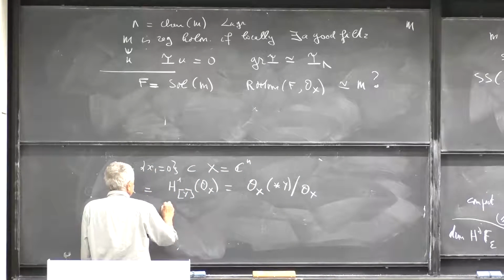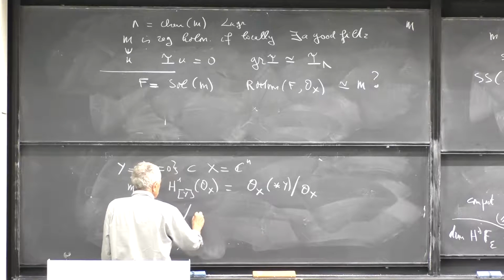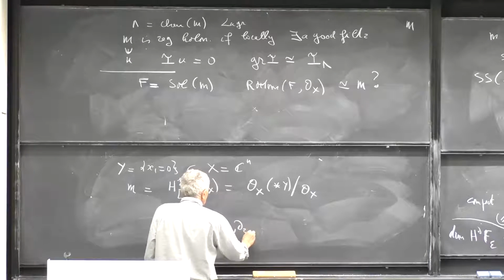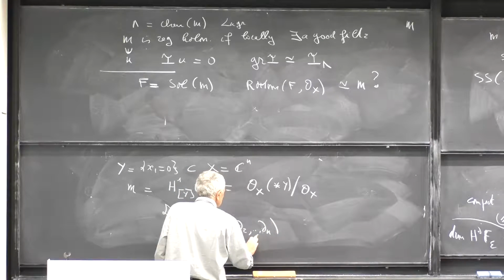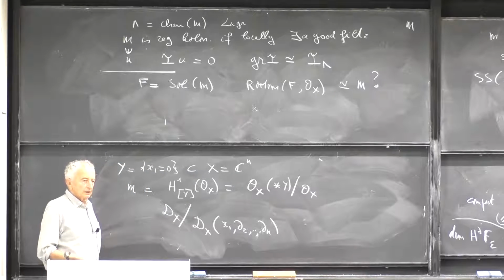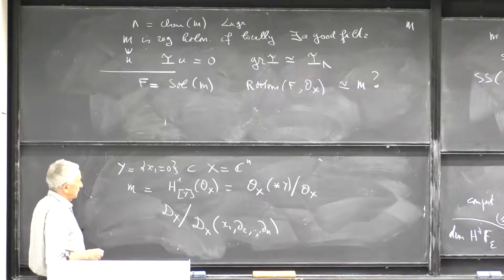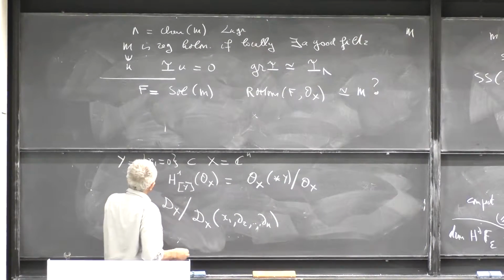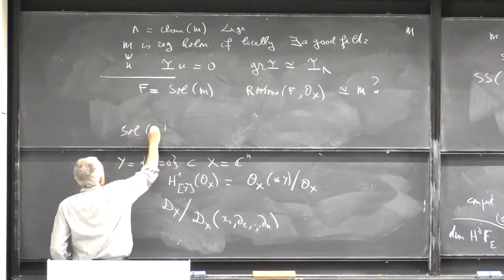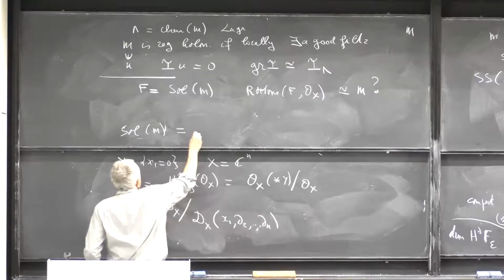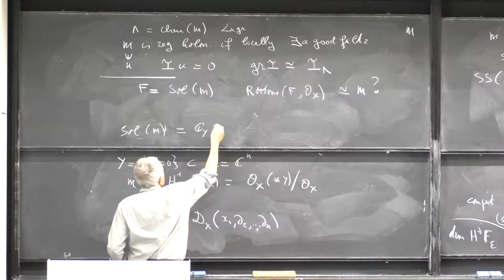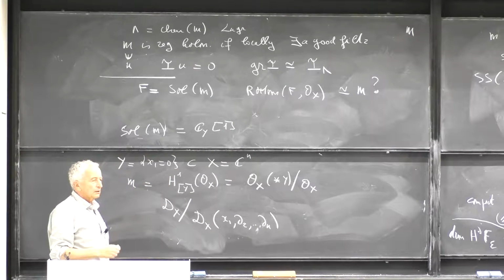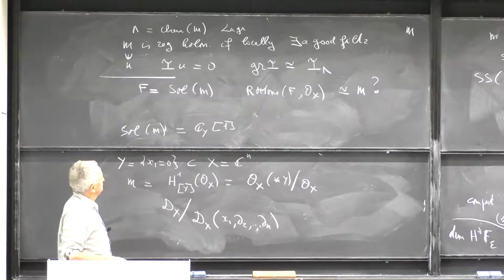As a D-module, it is generated by the ideal x1 d2 ... dn. Very simple, holonomic, regular holonomic. If I calculate Sol of M, I will find the constant sheaf on Y shifted by 1 or minus 1. I don't remember. Yes, there is a shift.